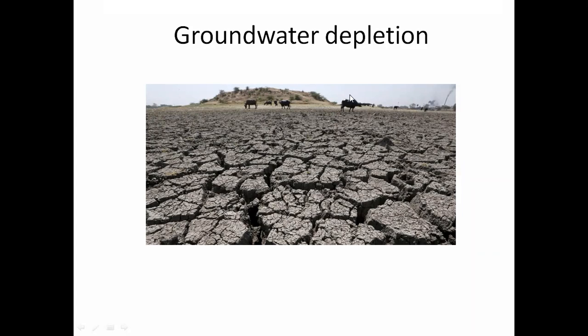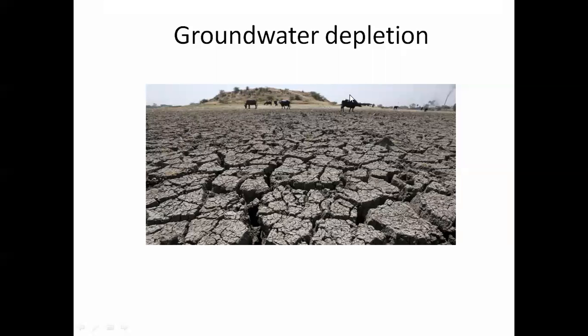So you know groundwater depletion is happening in the world because humans are using the groundwater extensively, right? In Bangalore, if you see, we are extracting groundwater at a higher rate, and there is no recharging happening.